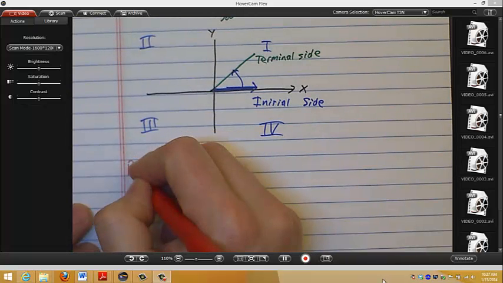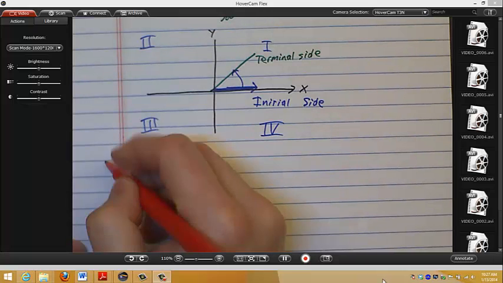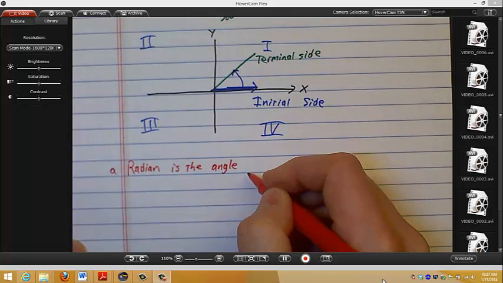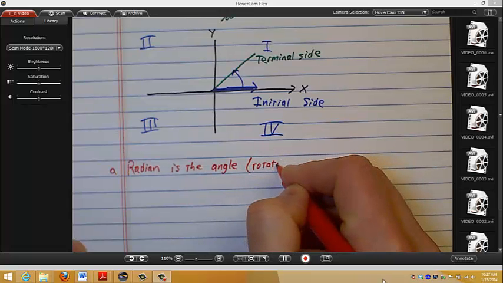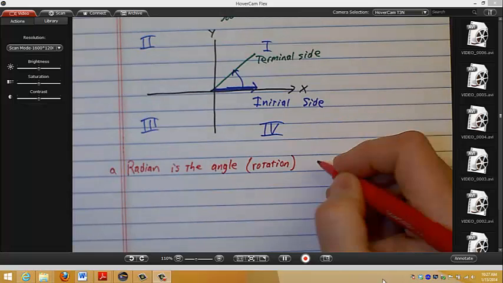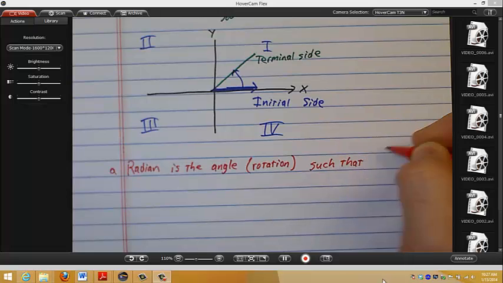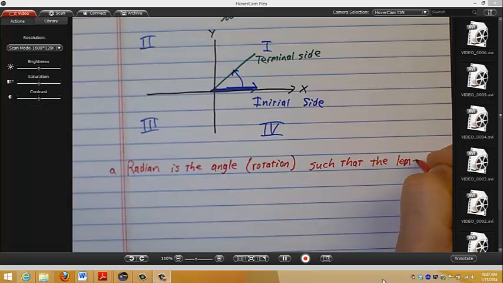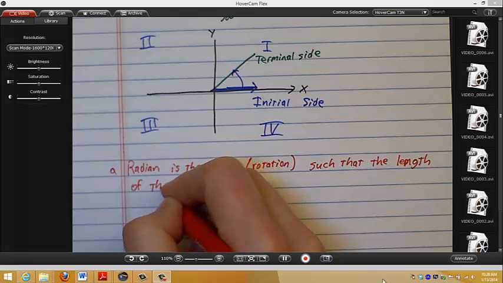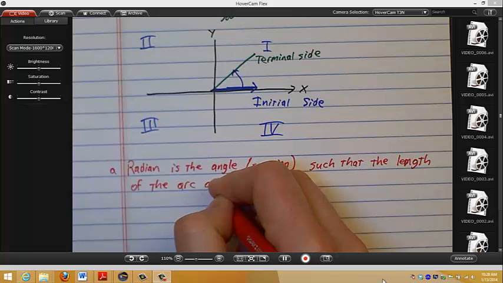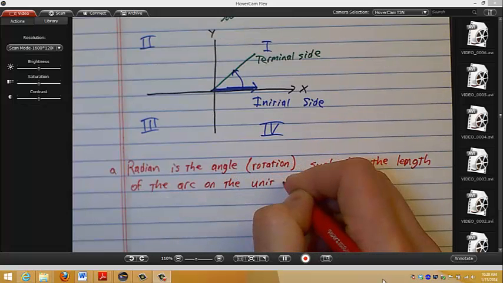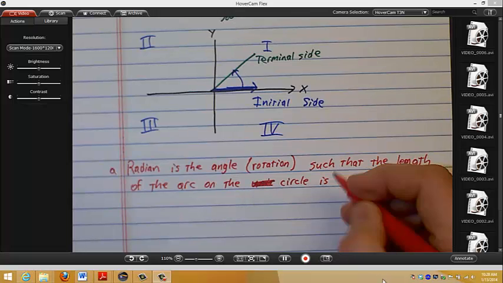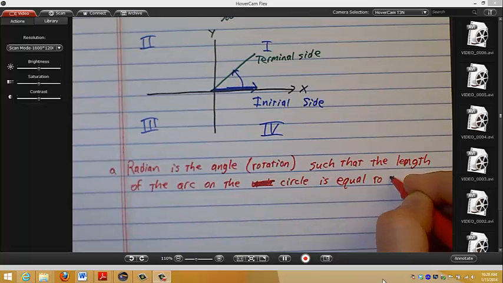So the idea is a radian is the angle, and I'll say rotation so that you guys remind yourselves what an angle really is, such that the length of the arc on the unit circle, I don't even need to say on the unit circle, on the circle, is equal to the radius.